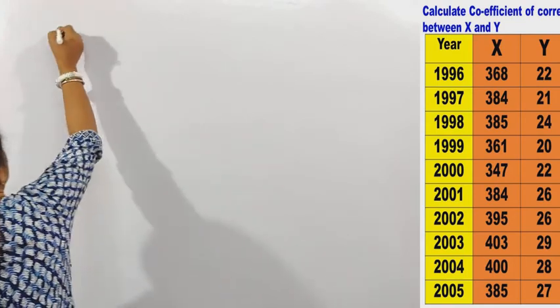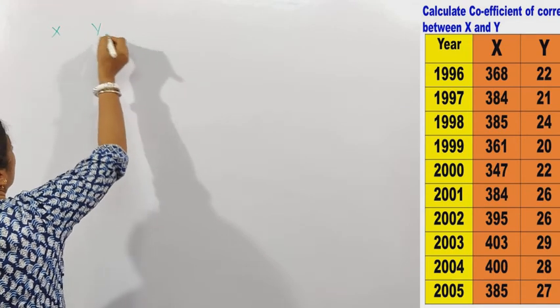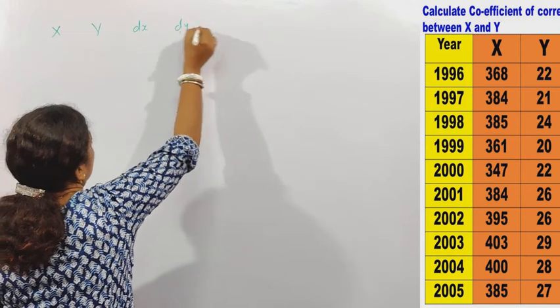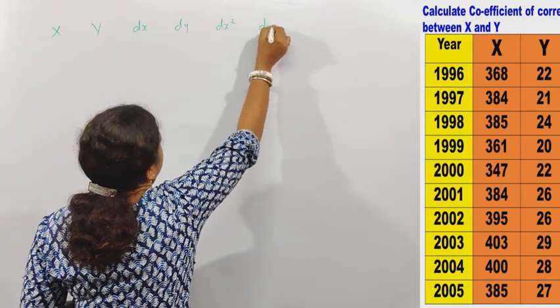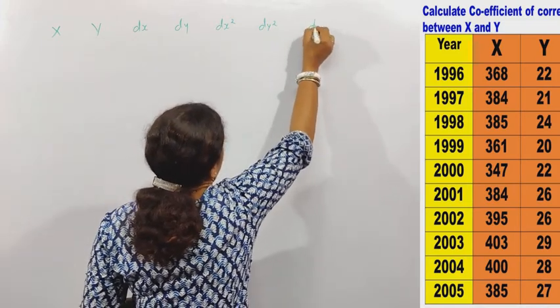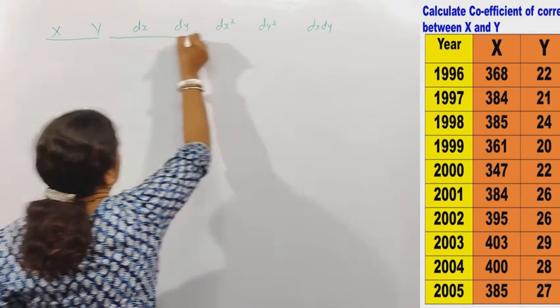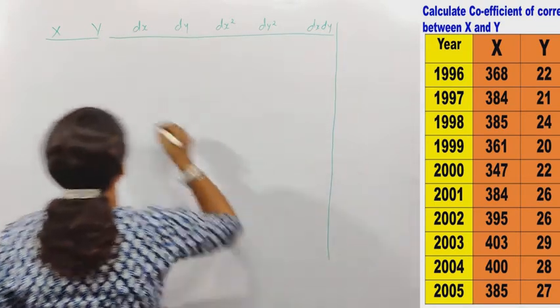After this, let us prepare a table. Table columns should be x, y, then dx, dy, dx square, dy square, dx into dy. Draw a blank table.